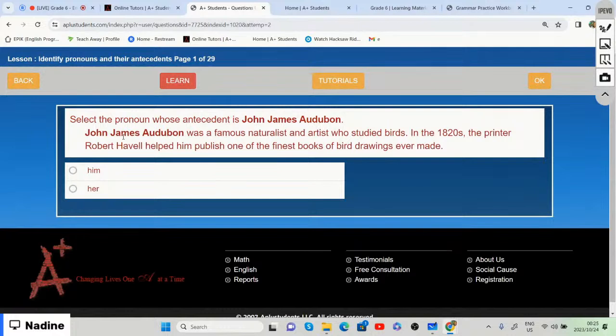John James Audubon was a famous naturalist and artist who studied birds. In 1820, the printer Robert Havell helped him publish one of the finest books of bird drawings ever made.